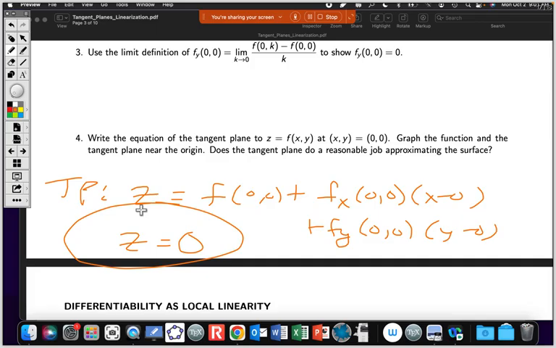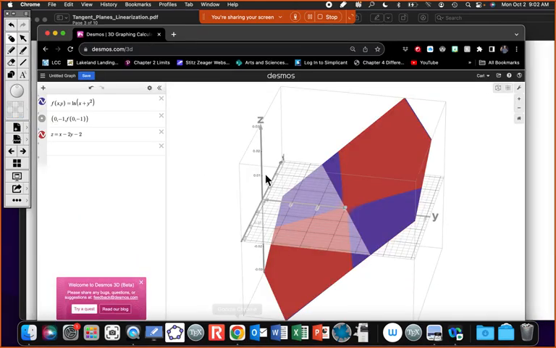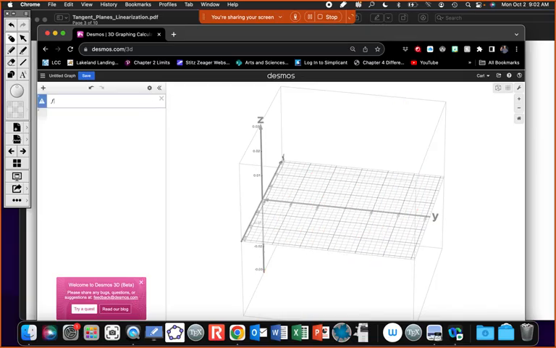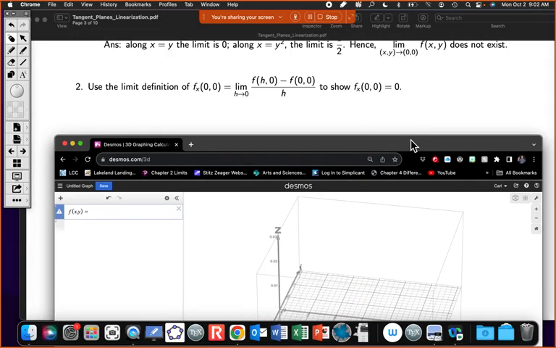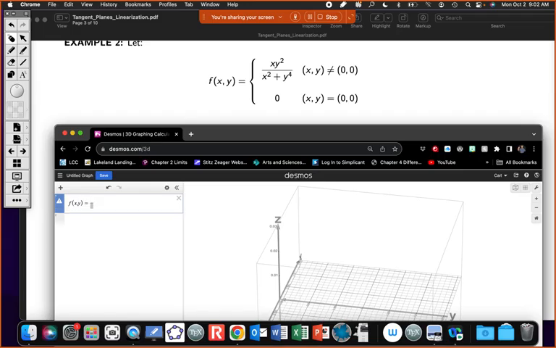Everything's a bunch of zeros. So something's up. So let's see if we can get Desmos to show us what's going on here, and then that'll be it for today, and we'll have to come back to this notion of what we want to have happen a little bit more tomorrow.